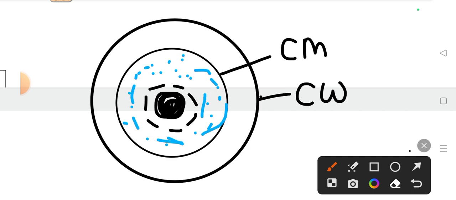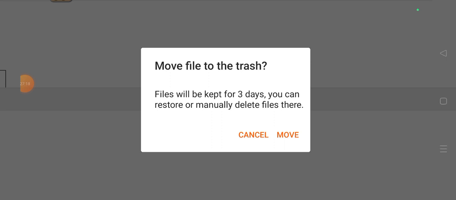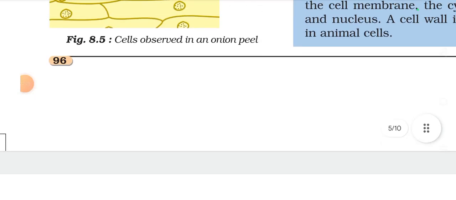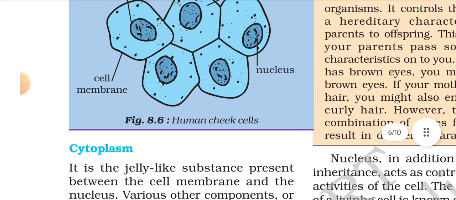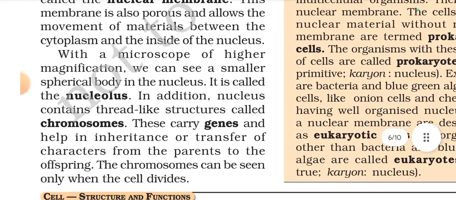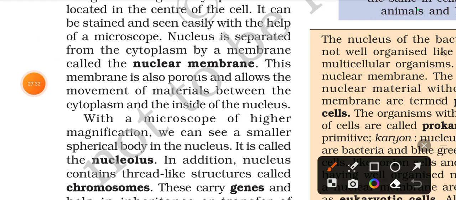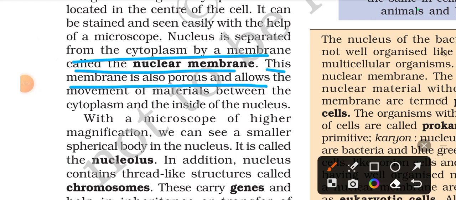So what it is trying to say is that the nucleus is separated from the cytoplasm by a nuclear membrane, as I explained. This membrane is also porous and allows the movement of material between the cytoplasm and the inside of the nucleus.